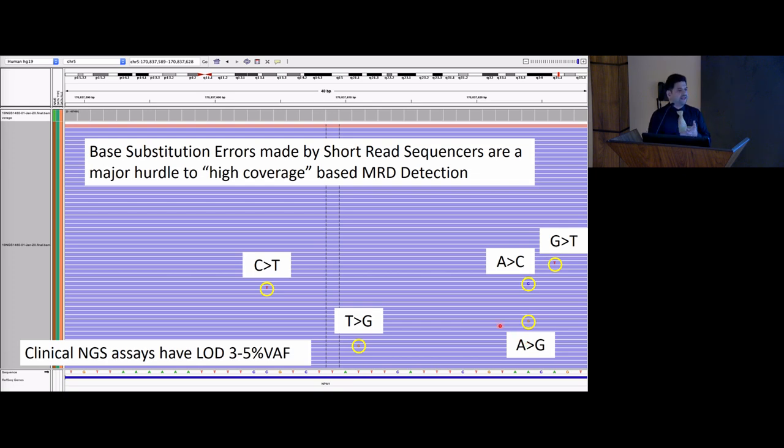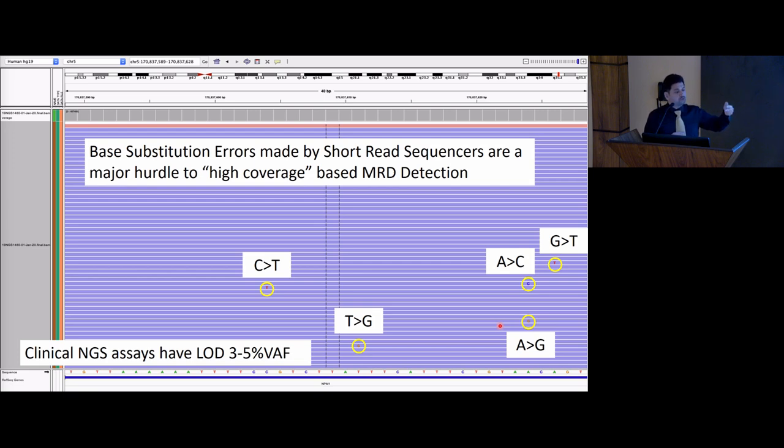So why do these errors arise? They arise for multiple reasons. One, library preparation. When you start doing library preparation, you have to shear the library. This is done by a fragmentation process, typically enzyme related, and this itself induces errors during library prep.